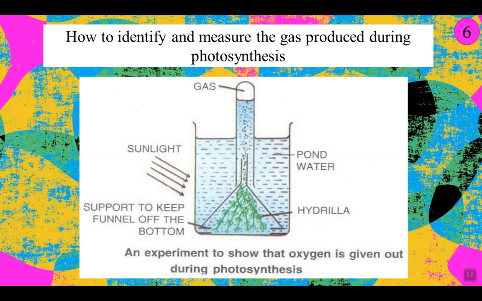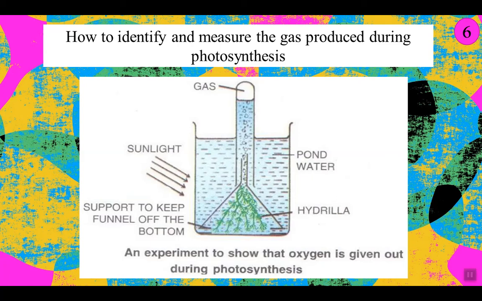We prepare the setup as shown in the figure, and we keep the pondweed plant under a filter funnel, and we make sure that this setup is exposed to sunlight, so we can allow the photosynthesis process to take place. We keep the setup until a gas fills the inverted boiling tube, and with the help of a glowing splint, we are going to check the gas and find out what it is.